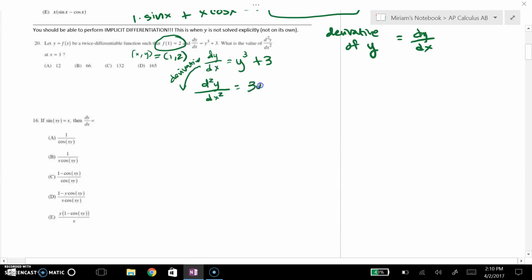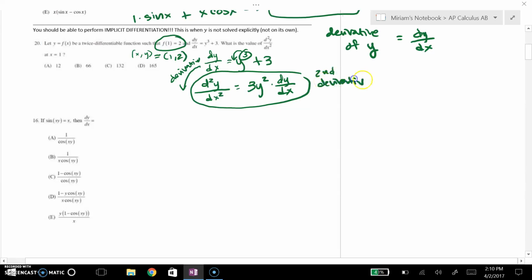So that's going to be 3y to the second power using the power rule. However, we have to remember that we took the derivative of y and we have to multiply it by dy over dx. Plus 3. Well, 3 is a number, so that's going to be 0. This is our second derivative.